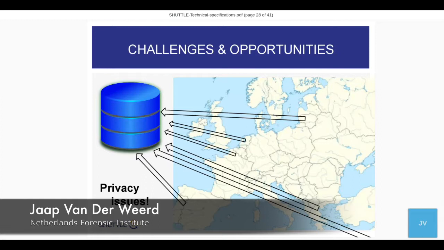Of course, privacy issues. If you have a single database and we store items from the Netherlands, but also from France, Israel, Portugal, Lithuania, and if you store all the case file numbers, the names of the suspects, the names of the crime scenes, we have terrible privacy issues.